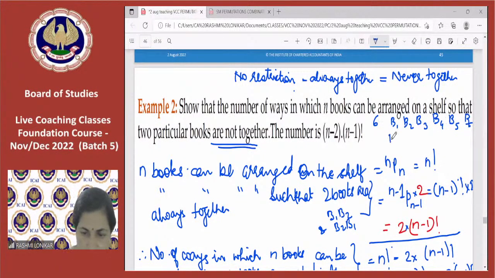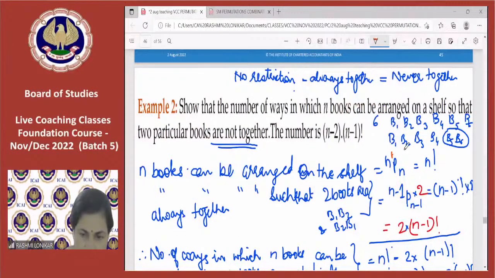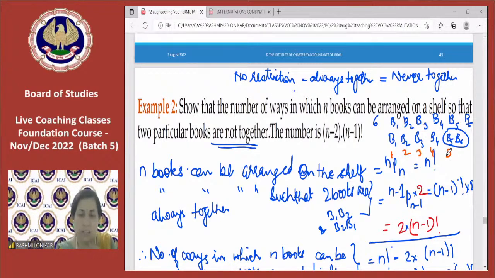Then I write B1, B2, B3, B4, and I put these two together, B5 and B6. Then how many books do I have? Book 1, book 2, book 3, book 4, and these two taken together are considered as 5.